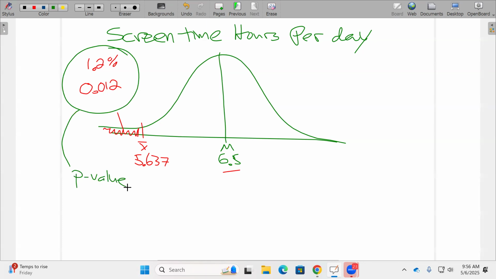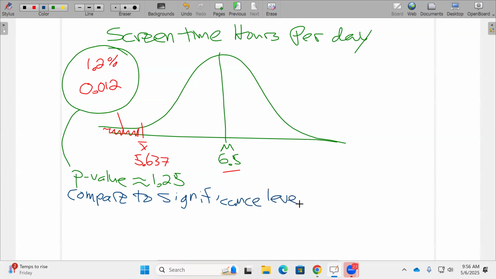So my p-value is about 1.2%. We compare the p-value to what's called the significance level. Related to the 95% rule, 95% is usual, then 5% is unusual. So the usual significance level is 5%, or as a decimal, 0.05.